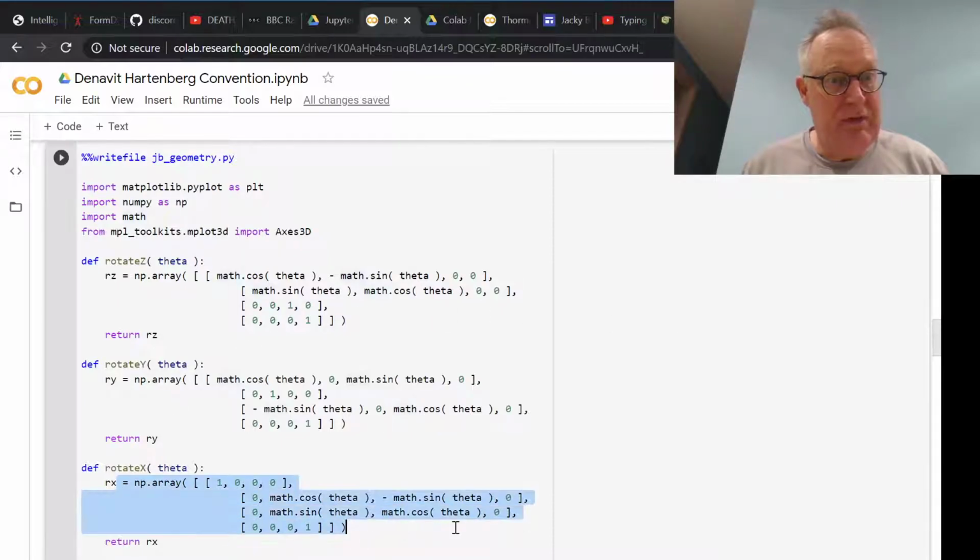That will be this rotation matrix here. So it would be 1, 0, 0, 0 cos.